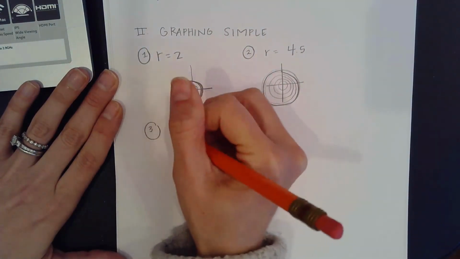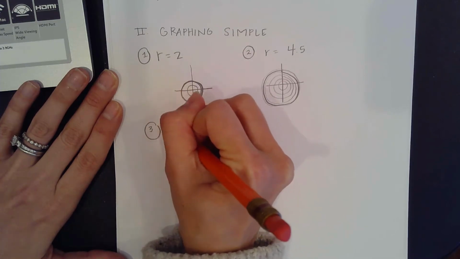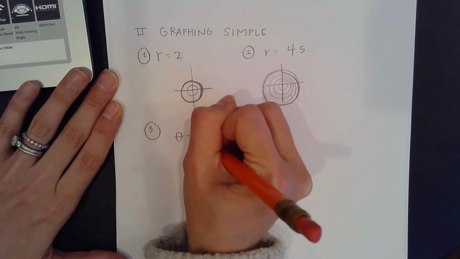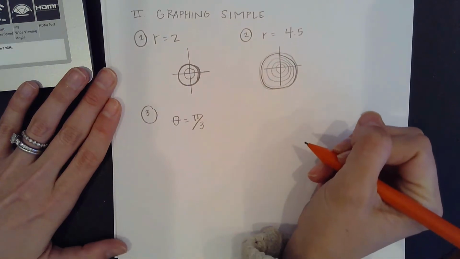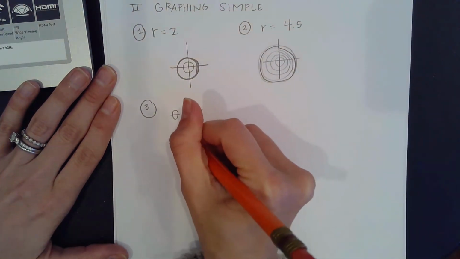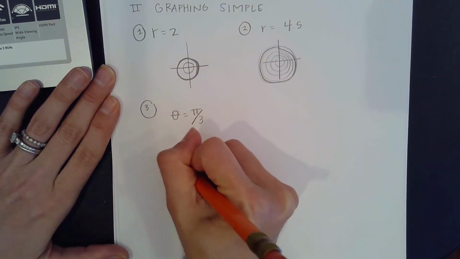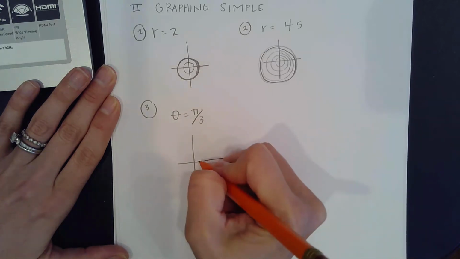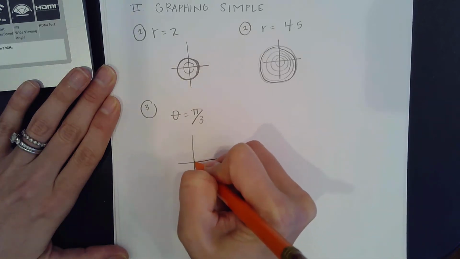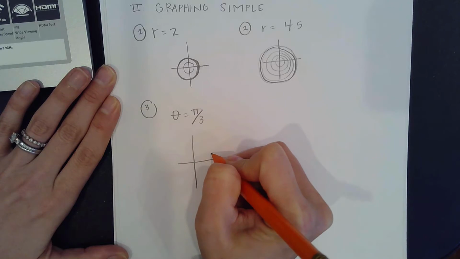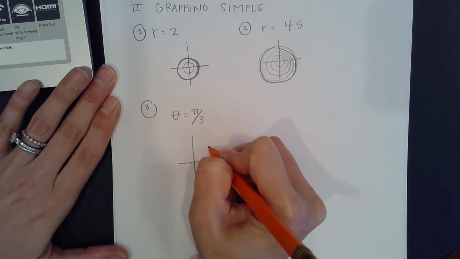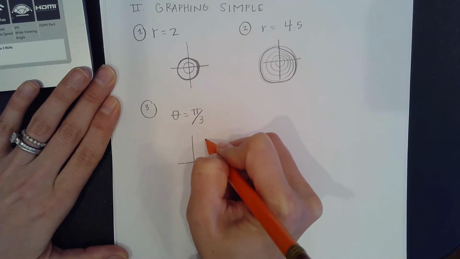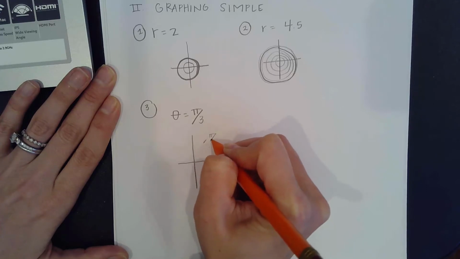All right, what about if you had theta equals pi over 3? So where is pi over 3? We've got pi over 6, pi over 4, and about here is pi over 3.